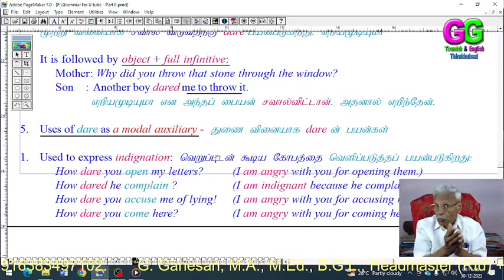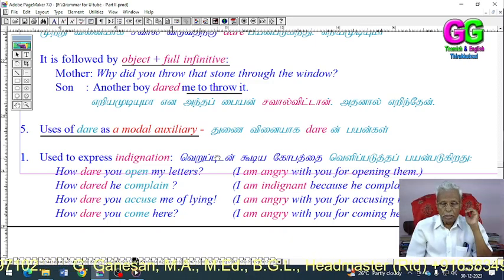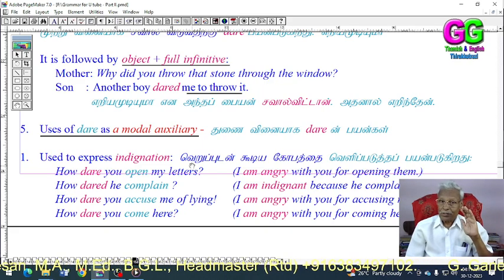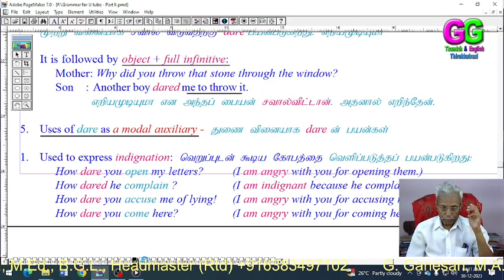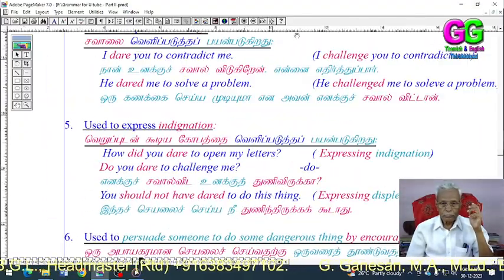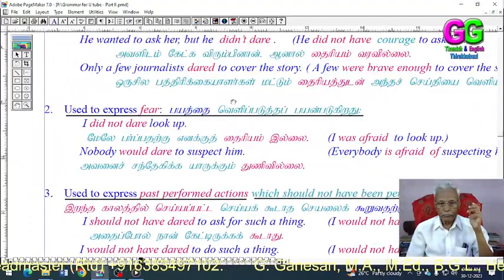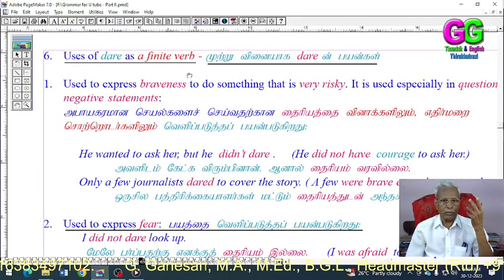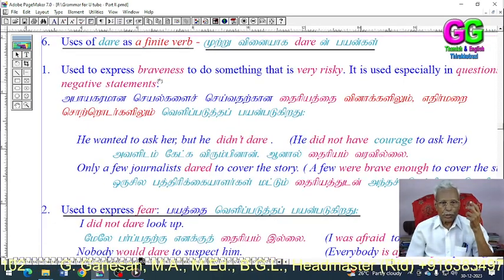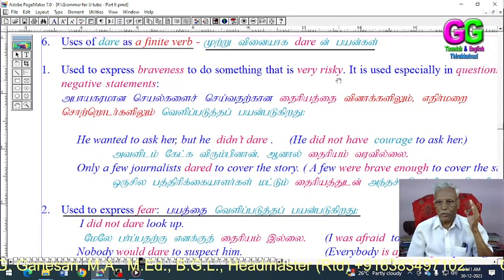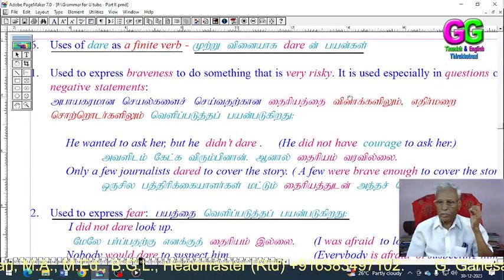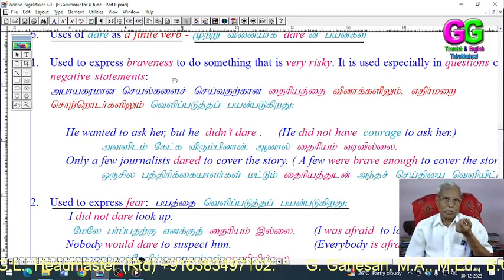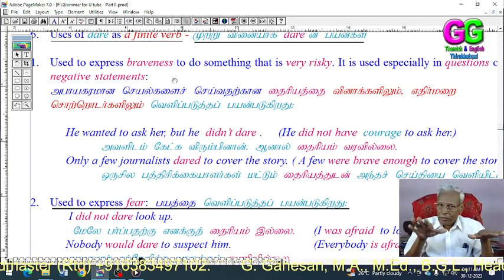And yes, students, the uses of dare. Now we are going to the uses of dare as an ordinary verb. Dare as an ordinary verb is used to express braveness to do something that is very risky, something that needs courage.